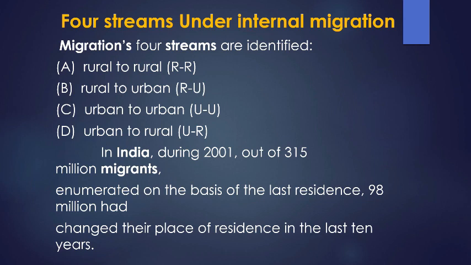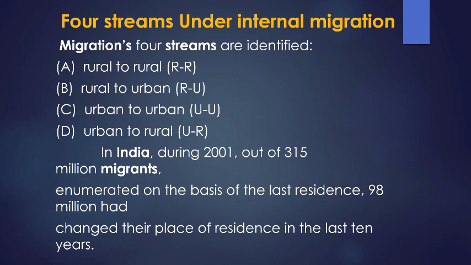Migration's four streams can be identified as rural to rural, known as RR, when migration takes place from a rural area to a rural area. Then RU, which says the migration takes place from rural to urban.